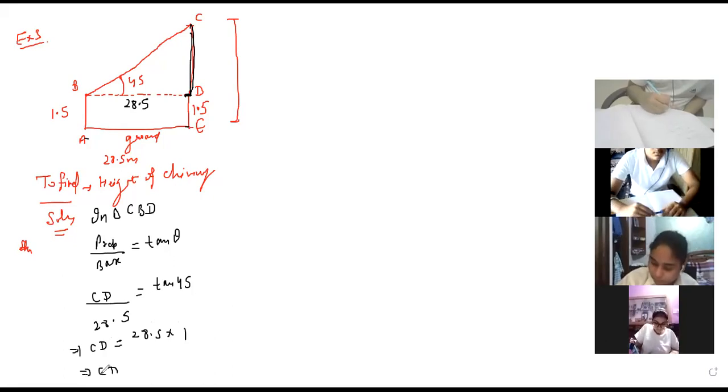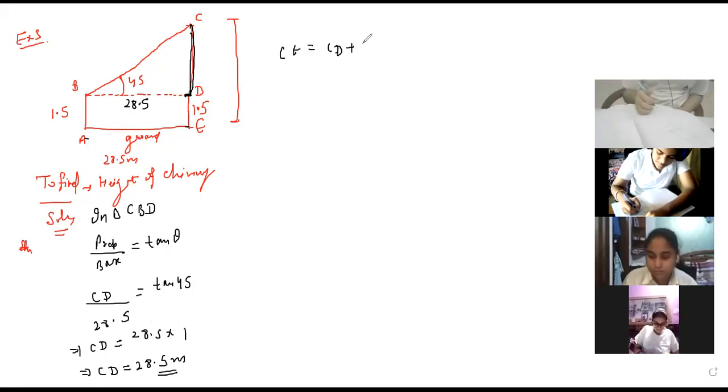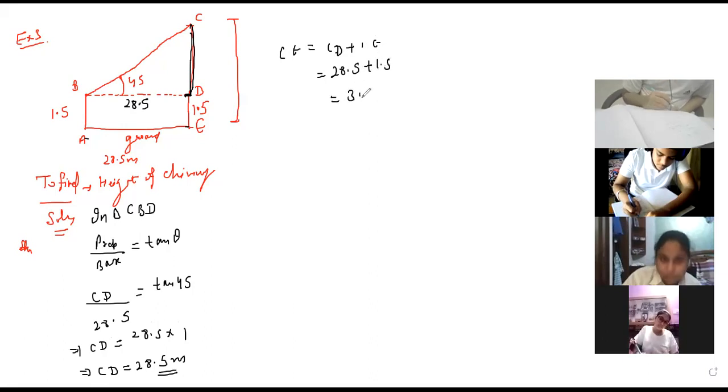So CD is equal to 28.5 meters. So I want to find out CE. So this is 28.5 plus 1.5, which is 30 meters.